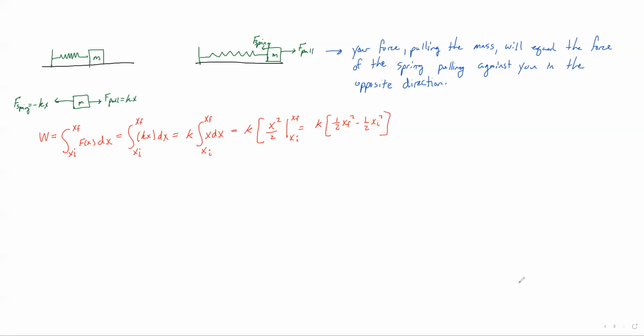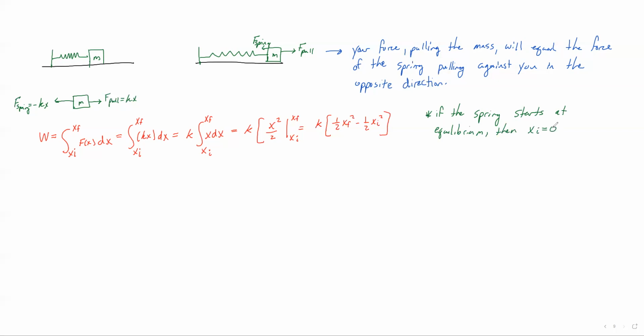Now, in the problem that I gave you, if the spring starts at equilibrium, then xi is equal to 0, right?